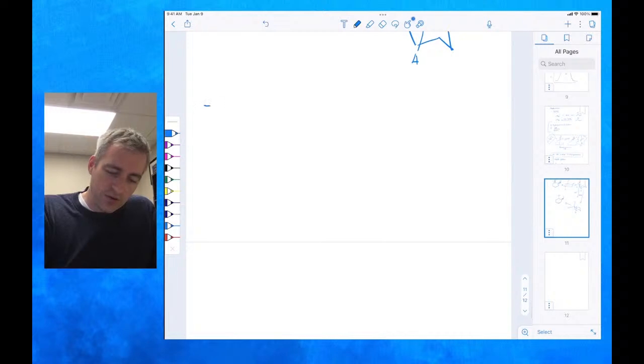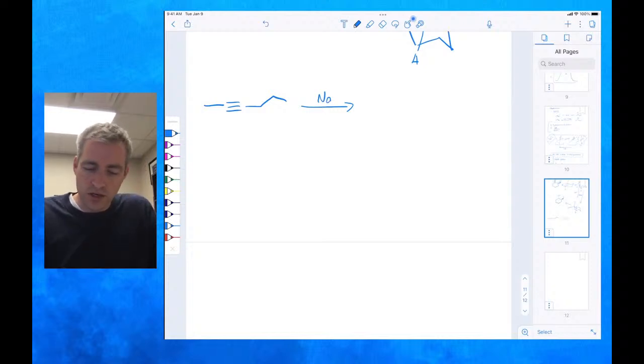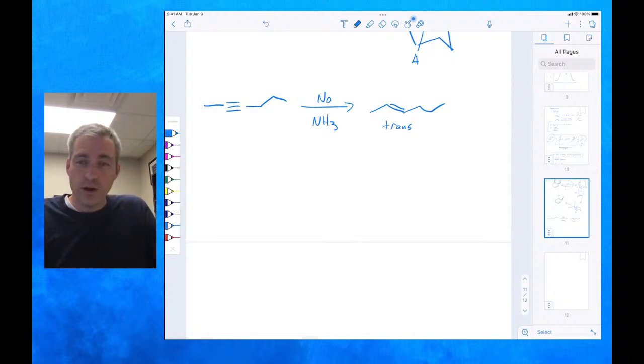So if you have a triple bond, you can use the dissolving metal reduction, which is sodium in NH3, to make the trans alkene. So this is the fourth reaction we looked at in Unit 8, and it's the dissolving metal reduction. Cool.